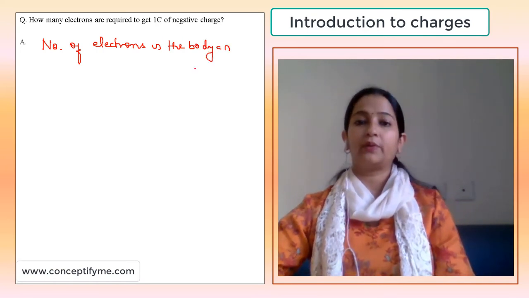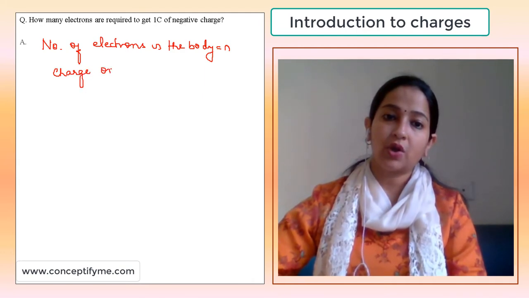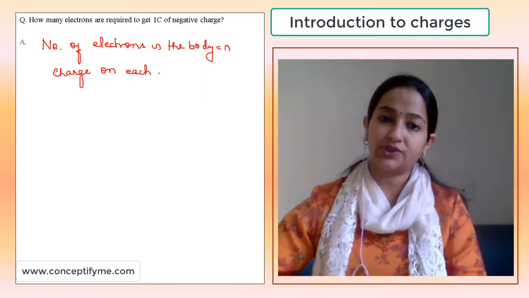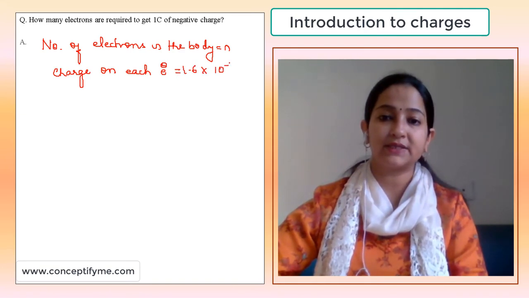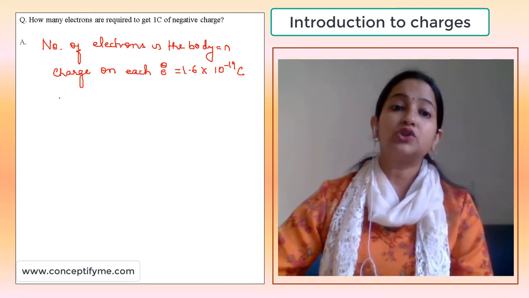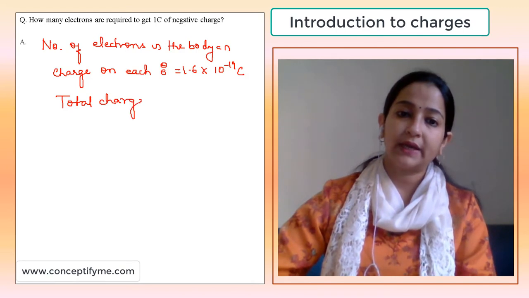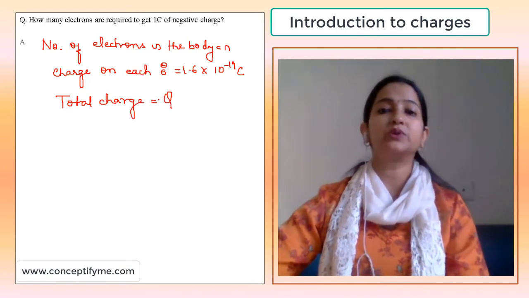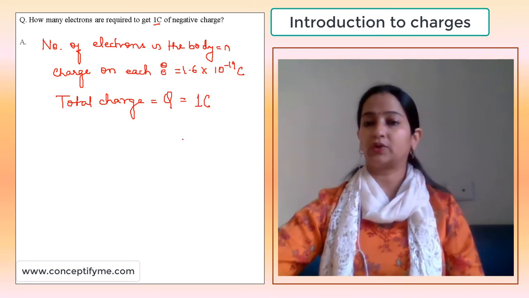The charge on each electron, as we had just seen, is 1.6 into 10 to the power minus 19 coulomb. Obviously negative, I am just writing the magnitude. Total charge on the body is equal to capital Q, which is already given as 1 coulomb.